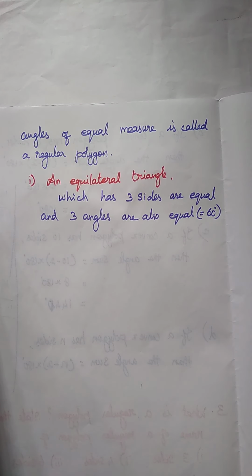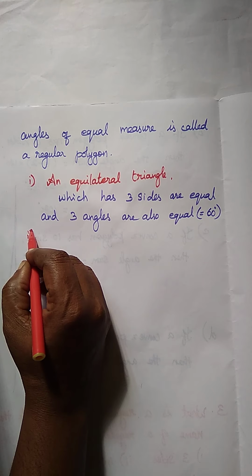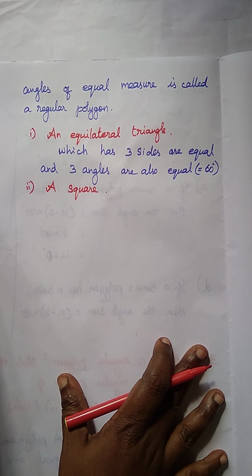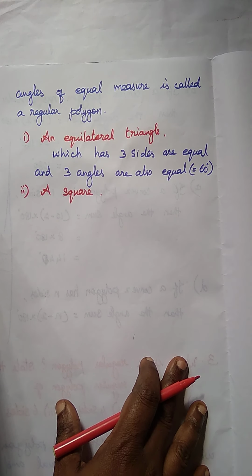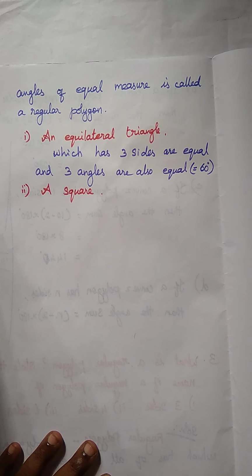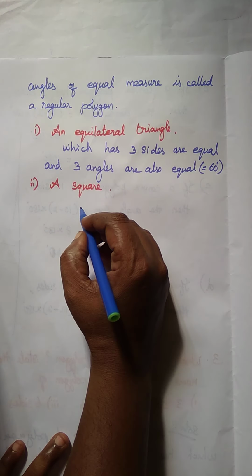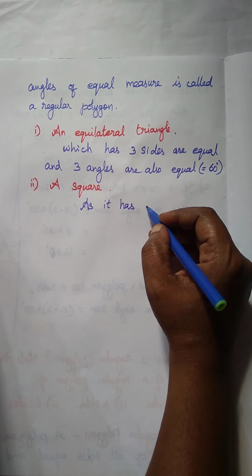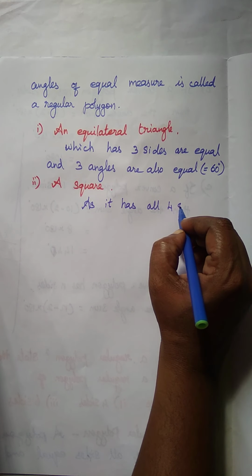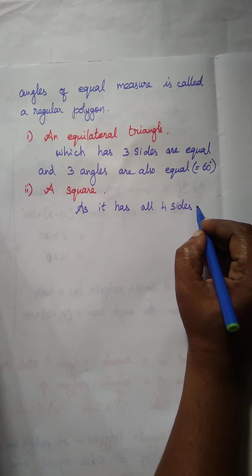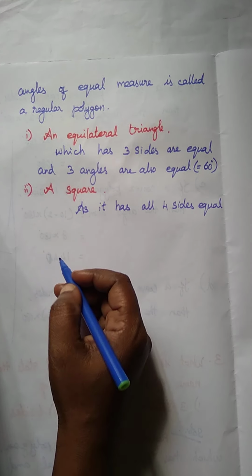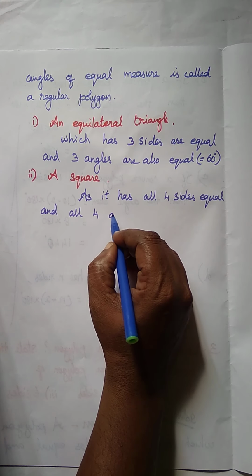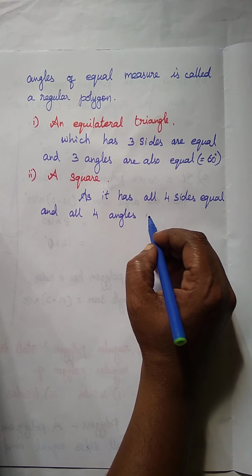Okay, next is the second part, in 4 sides, what is that? A square. Okay, in a square all the sides and all the angles are equal. So in a square, what is the reason? As it has all 4 sides equal and all 4 angles are also equal.